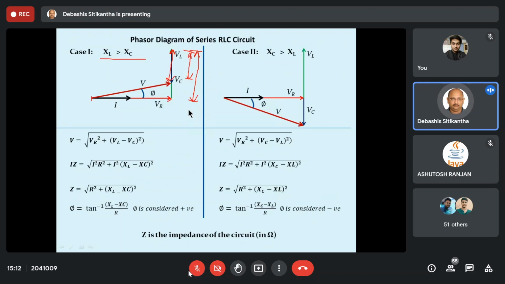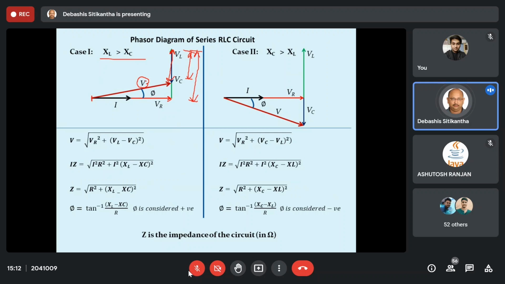So naturally, in this case, your V, capital V, without any subscript, is indicating the RMS value of the voltage source. So how are we going to find that? From the starting point till the end point, we will join, and this vector is actually going to represent the source voltage RMS value. So in this way, we have found the value of this V.